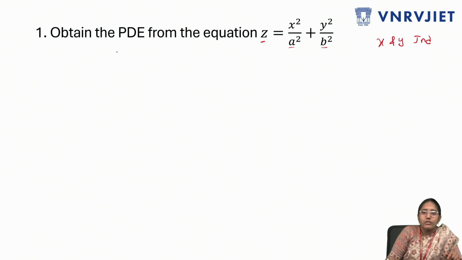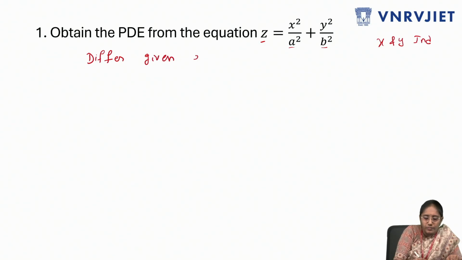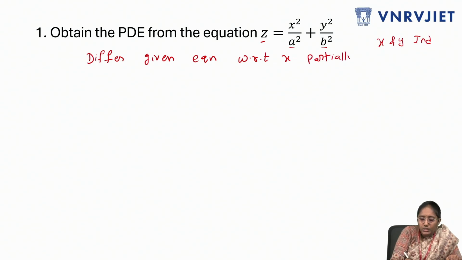So to that, we differentiate the equation with respect to x first, one of the independent variables. Differentiate the given equation with respect to x partially. It means keep y as a constant.